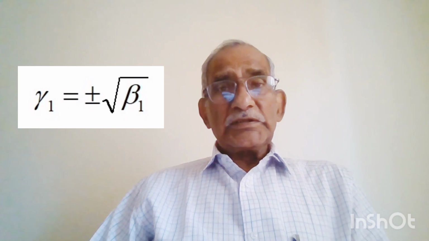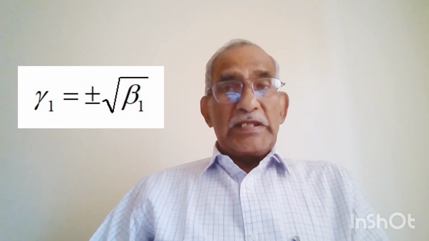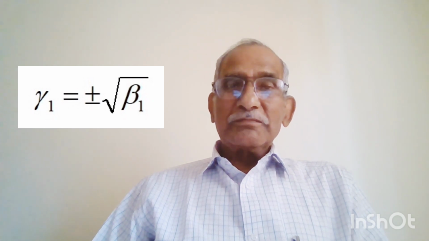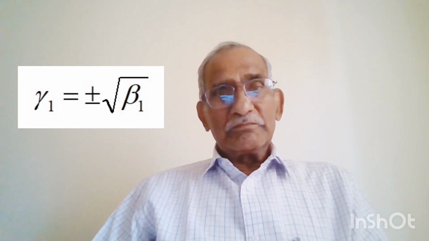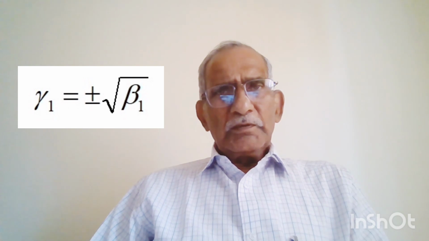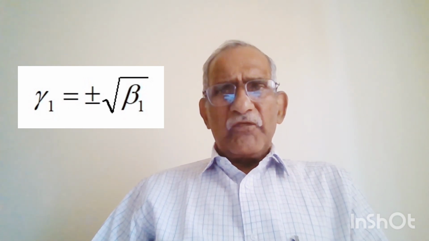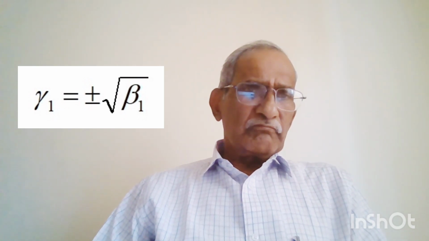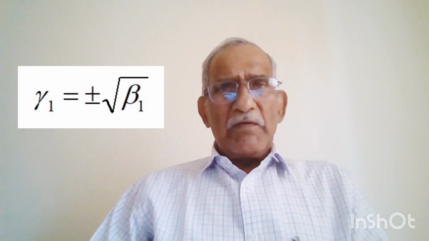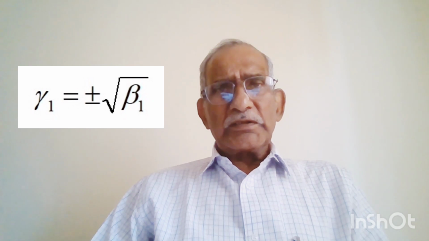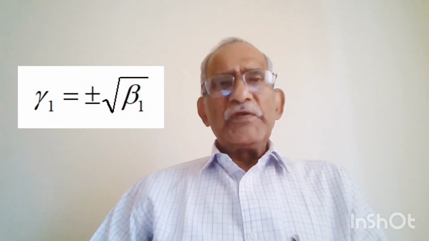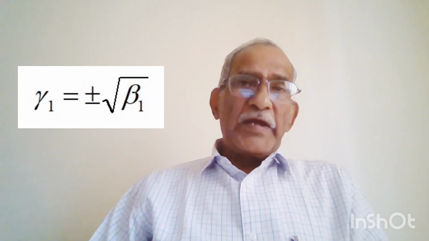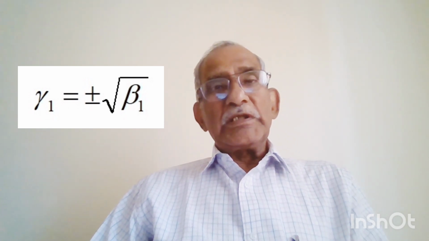We know that skewness in a data set may be positive or it may be negative. But we find that the value of beta 1 would always be positive, as its power in numerator and denominator is 6, which is even, and thus its value cannot be negative.